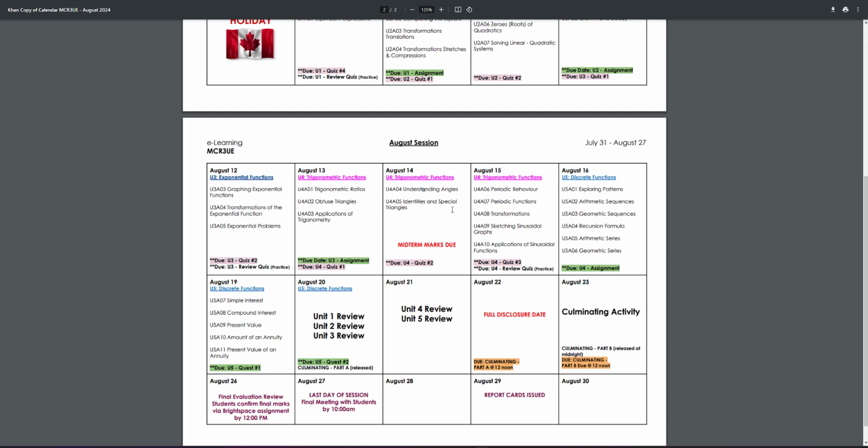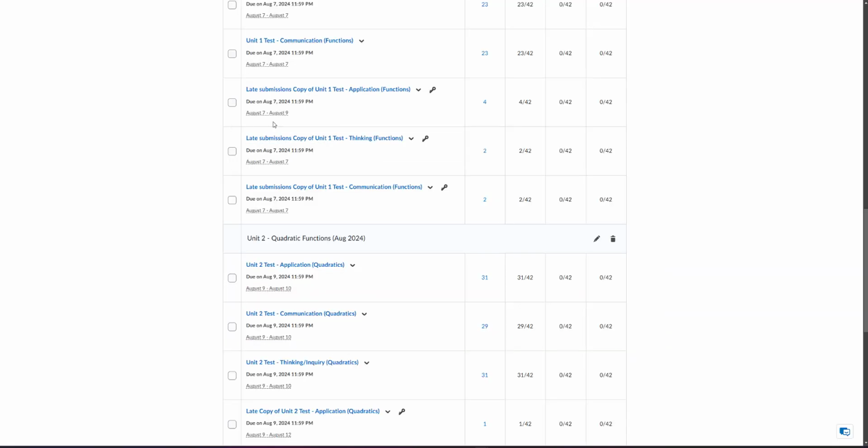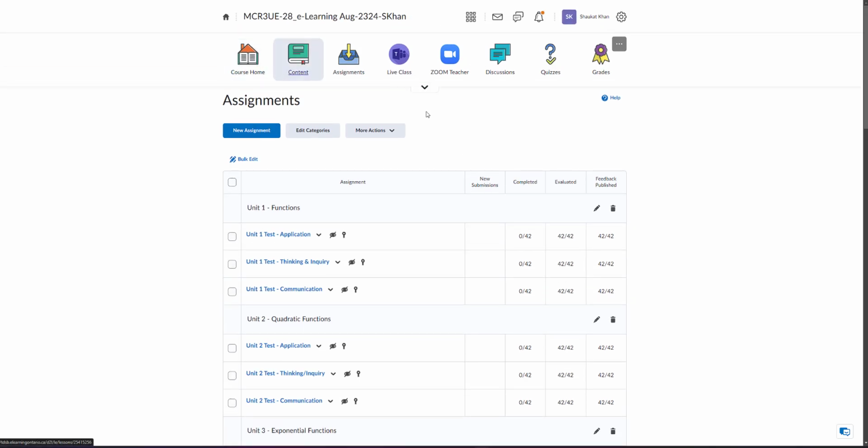So let's get started with today's lesson. Understanding angles and special triangles. Let us do this. Let us see. How do I do this?